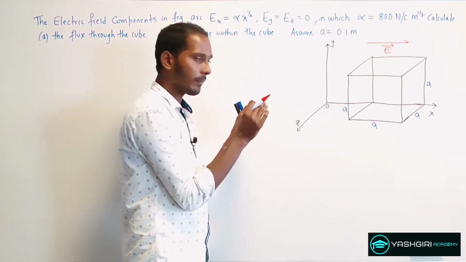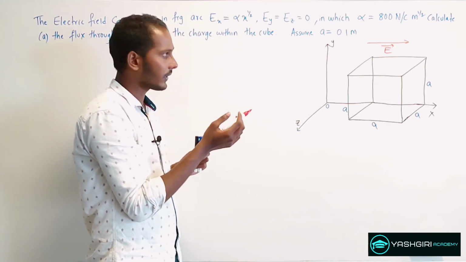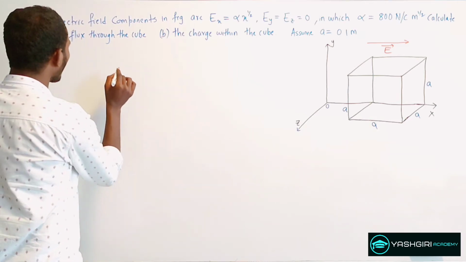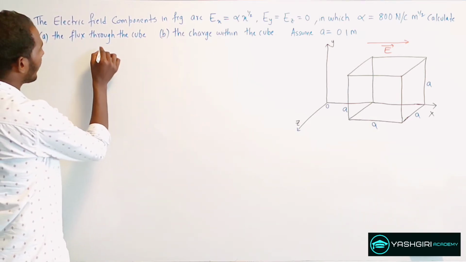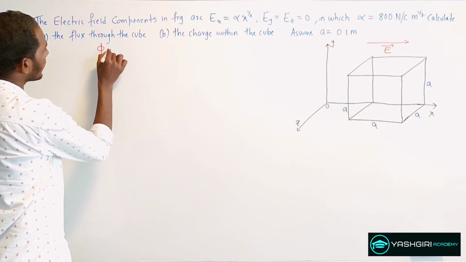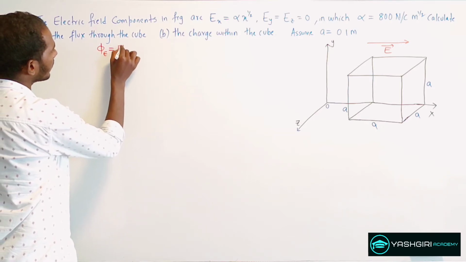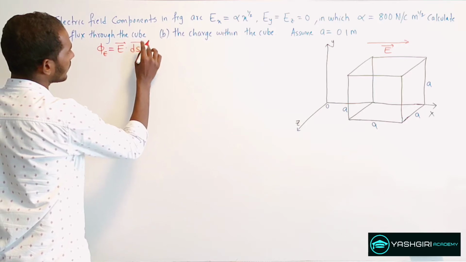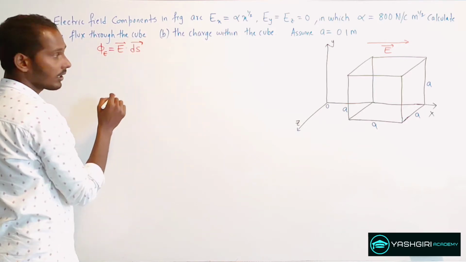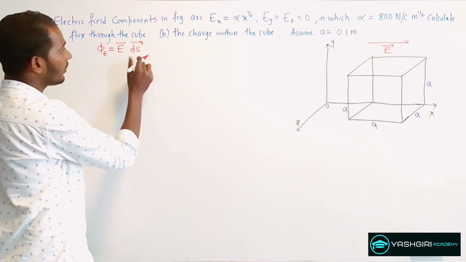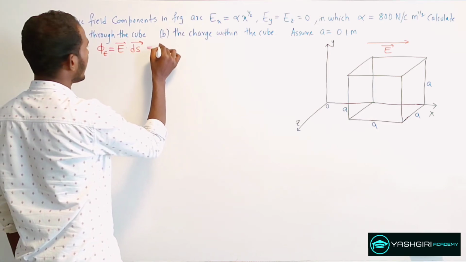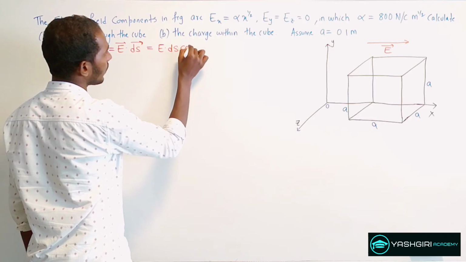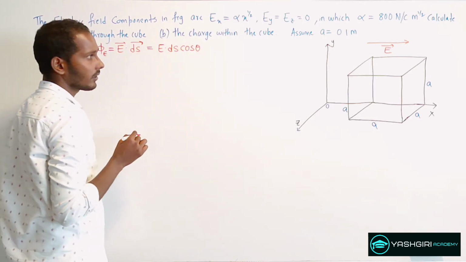Before going for the total flux, let me write the formula first. We have the flux phi of E equal to the integral of vector E dot vector ds, which I can write as E ds cos theta, correct?